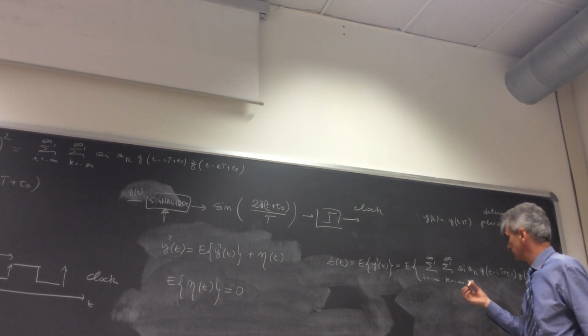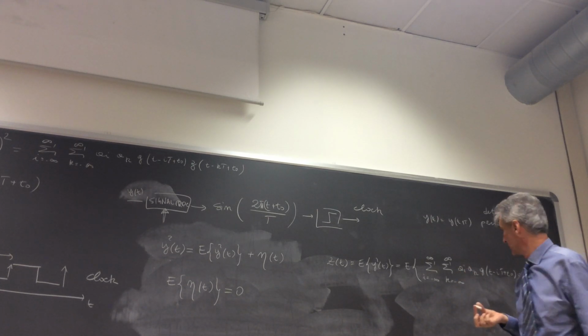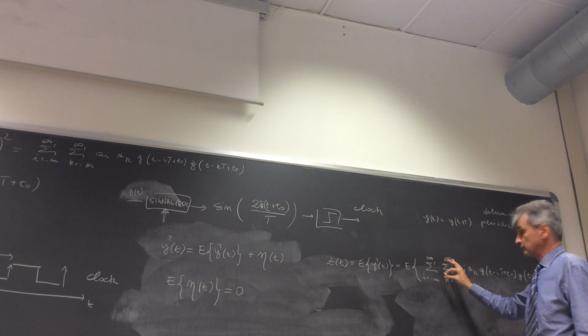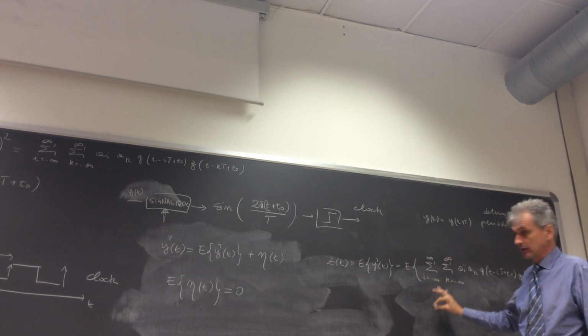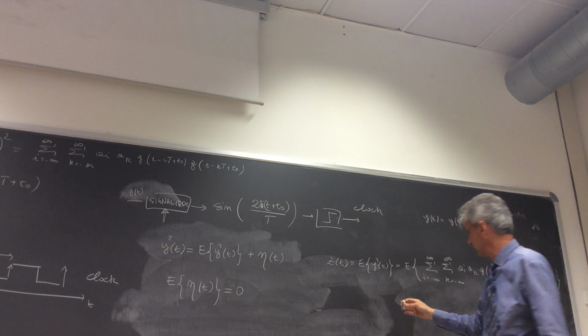Where is the randomness? The randomness is here, into the symbols. So, the double sum can go out of the expectation because of linearity.